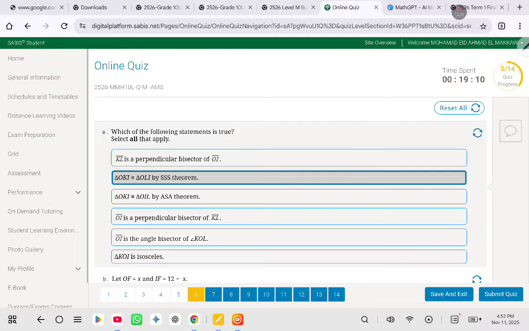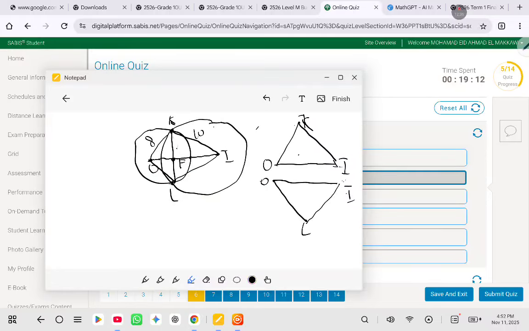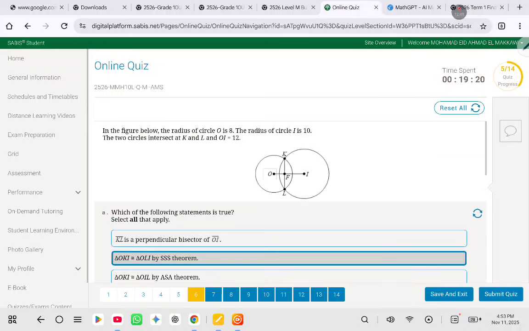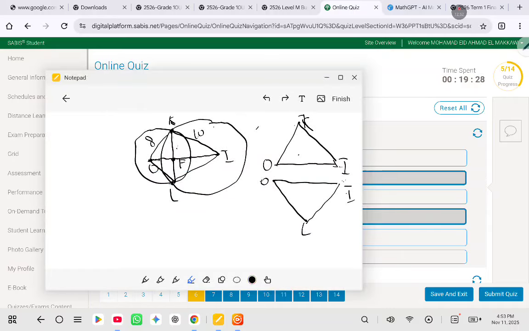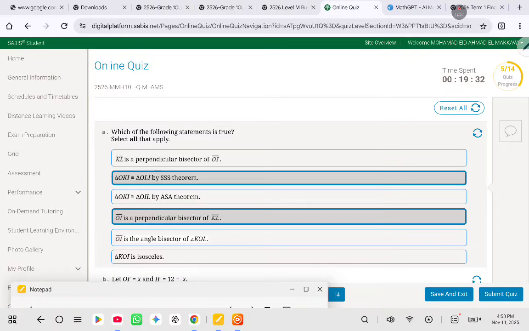OI is a perpendicular bisector of KL. Yes, guys, it's perfectly in the middle, right? It crosses this and then it goes directly to here. It is a perpendicular bisector, it's straight in the middle. OI is the angle bisector of KOL.